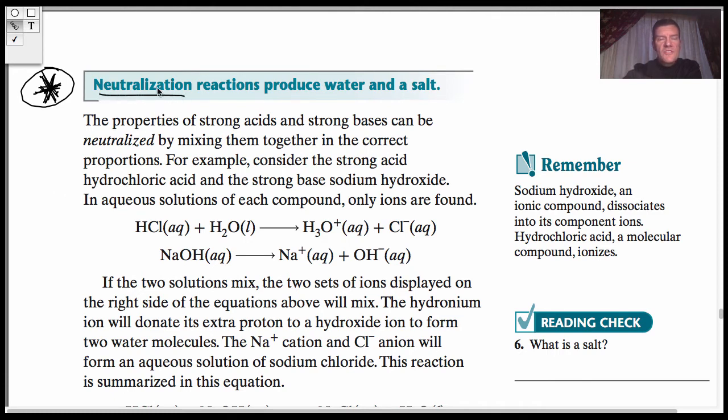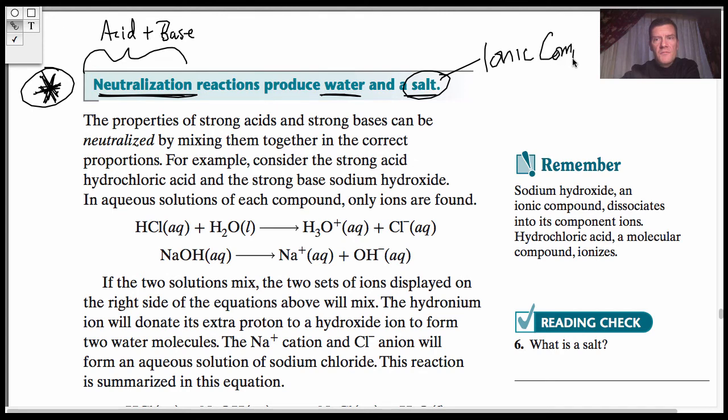When we have neutralization, and neutralization is acid plus base, when you have an acid and a base combined together, they are going to neutralize each other. And you always are going to produce water and a salt. And by a salt, I mean an ionic compound, a metal and a nonmetal.